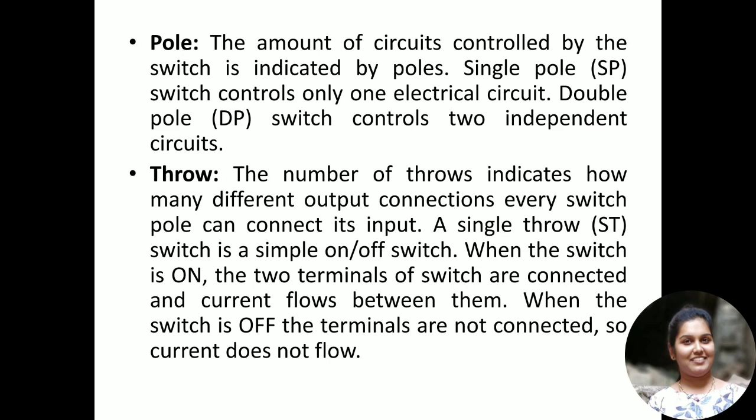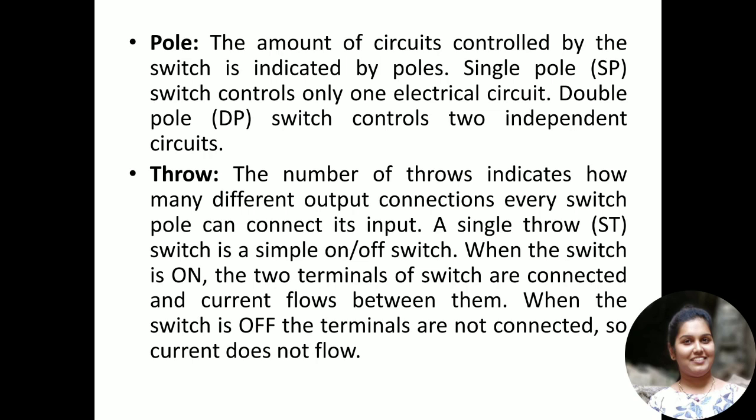Coming to the terms pole and throw, they are used to describe the switch contact variations. This point we have already discussed, but we'll see it once again. What is meant by pole? Actually, what defines a pole? The number of circuits controlled by a switch is indicated by poles.